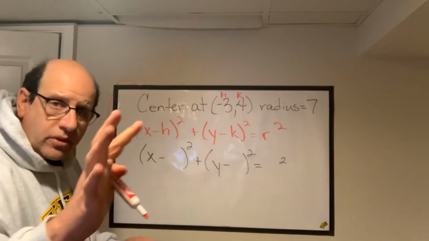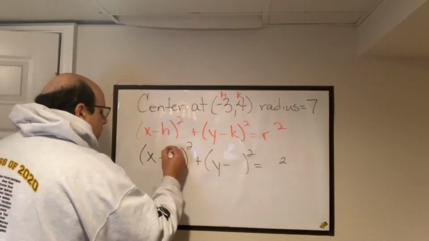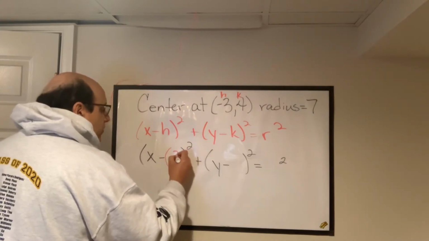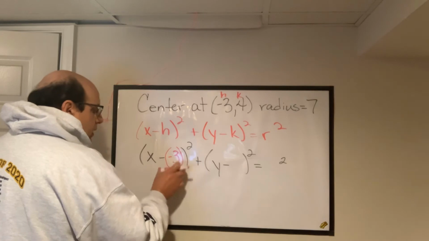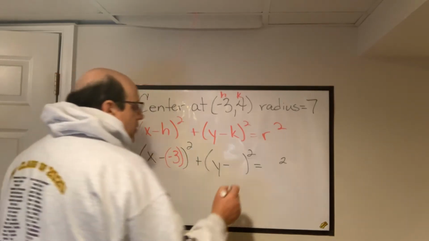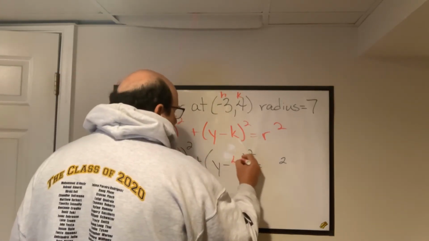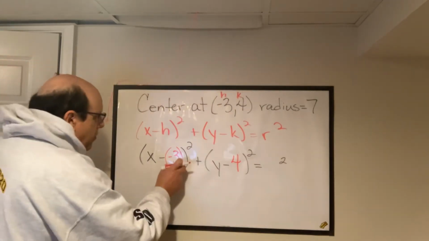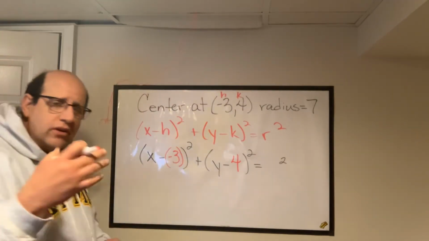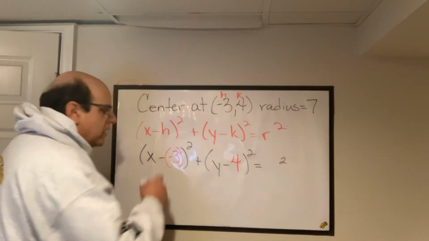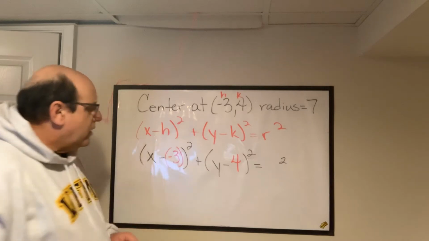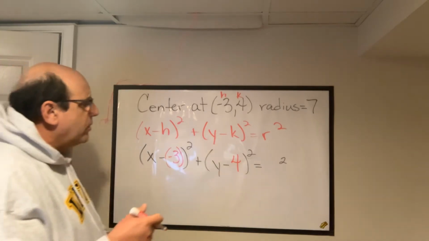Now this is where some of you went wrong when you did the work. You needed to put in a -3 and then fix it here, and then you put in a 4. Okay, and the reason I put parentheses around this is because I want you to understand that this is minus a -3, and we don't like to see that, so we fix it when we rewrite.